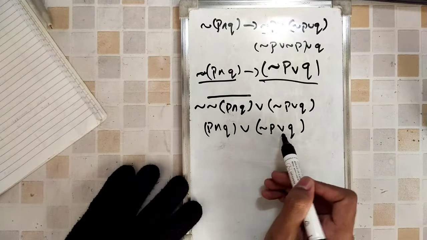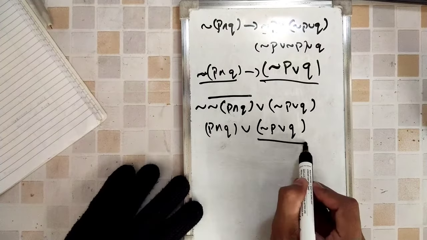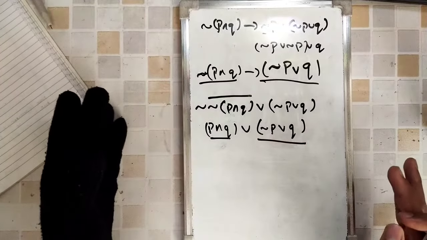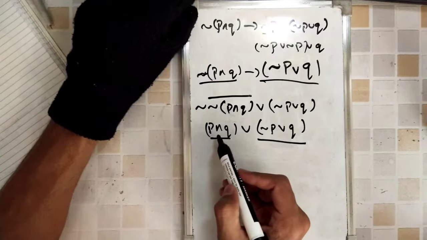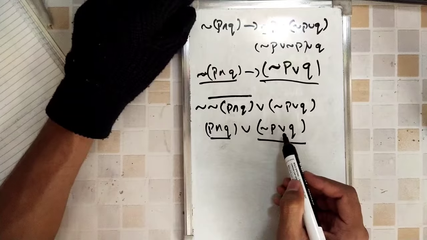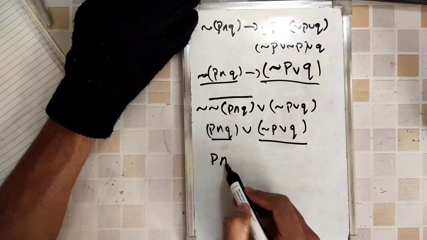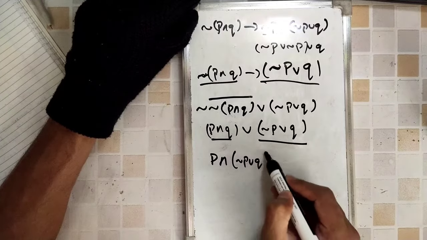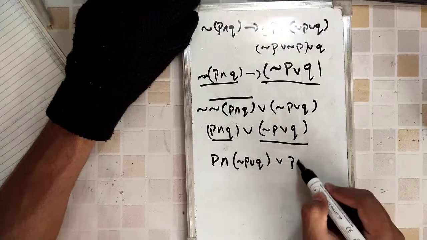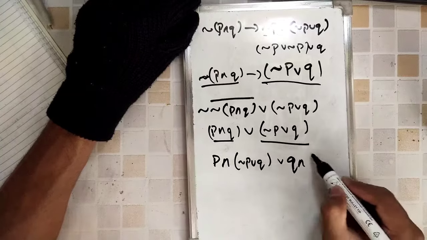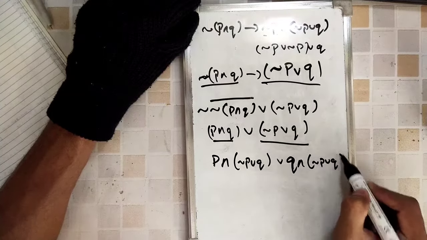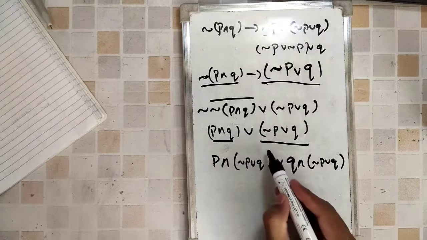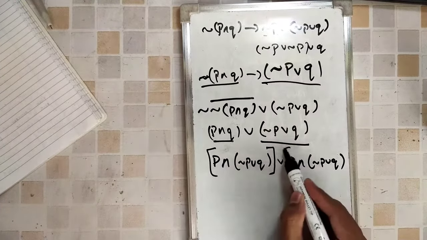If I have to multiply this with this, I can simply multiply this term with this term. So I can write P and this term negation P or Q, or P, Q and negation P or Q. Both are the same, right?